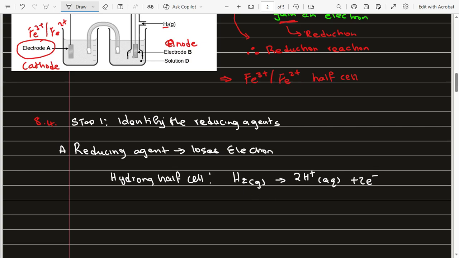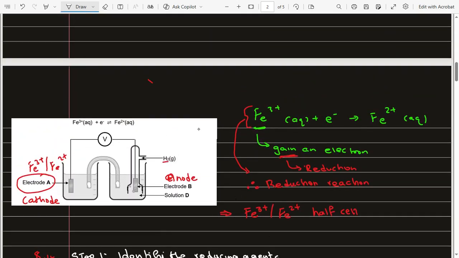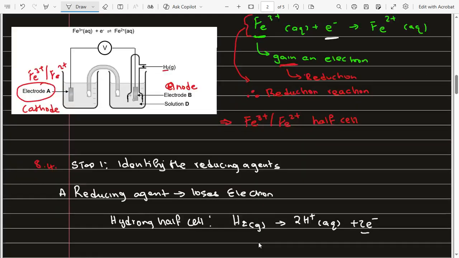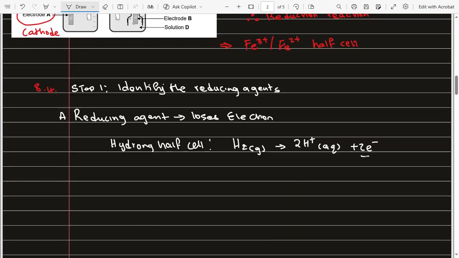Whenever you gain electrons, just know that the e- will be on the reactants. Whenever you lose electrons, the e- will be on the products. I hope you are happy with that part. Make sure that you don't forget that.